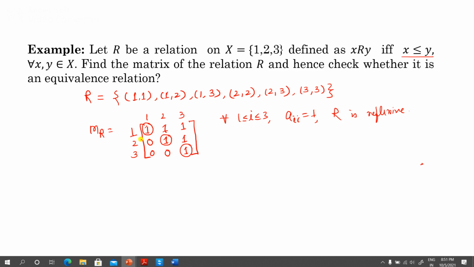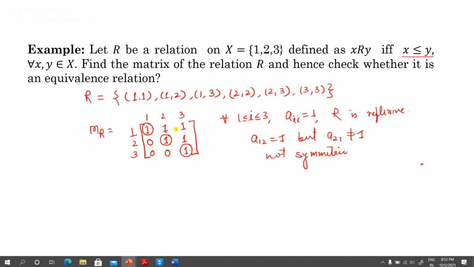Now if you check for symmetric, look at this, a12 equal to 1, but a21 is not equal to 1. It means the relation is not symmetric.